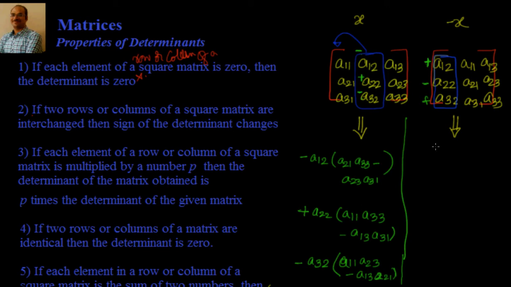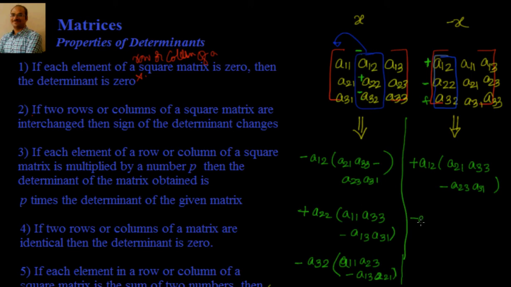Now let's go ahead and see here. This is nothing but plus A12 into, if I remove that row and that column, (A21 A33 minus A23 A31).